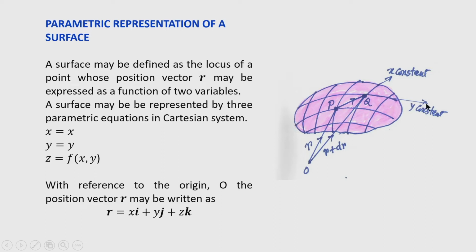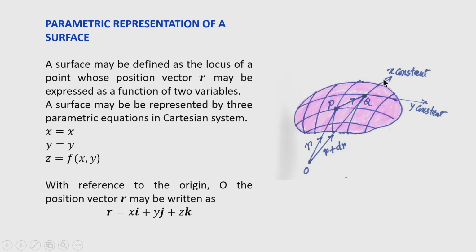Suppose this is one direction, aligned along the x axis. In that case y is constant, and if this line is aligned along the Cartesian y axis, then x is constant along this line.